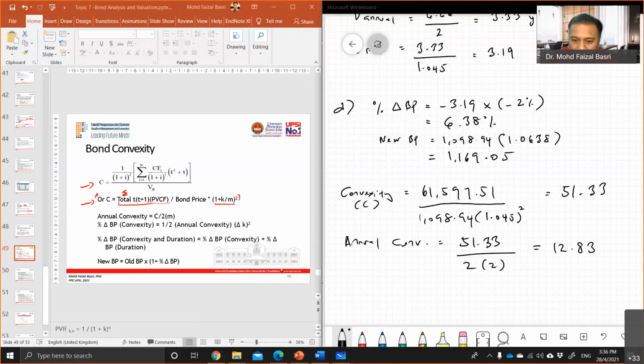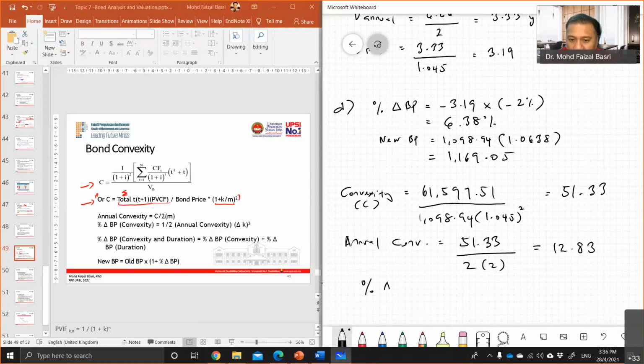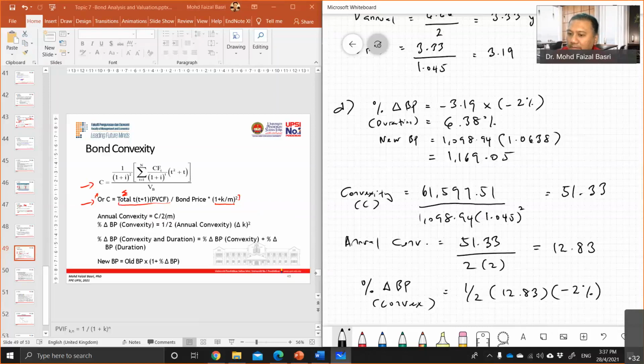So if we find the percent change of bond price based on convexity, whereas the earlier one was based on duration, it would be half multiplied by 12.83 multiplied by the change of K. The change of K last time was negative 2, or negative 200 basis points, and we have to square this.